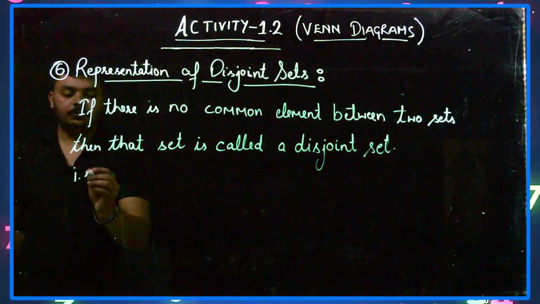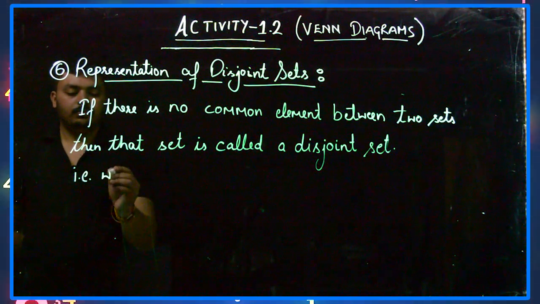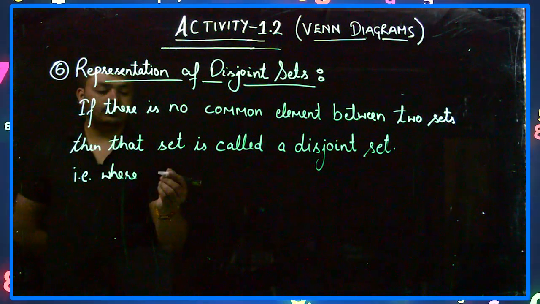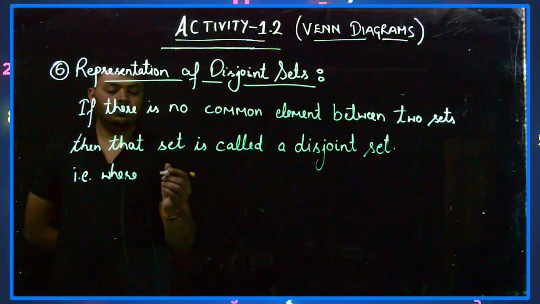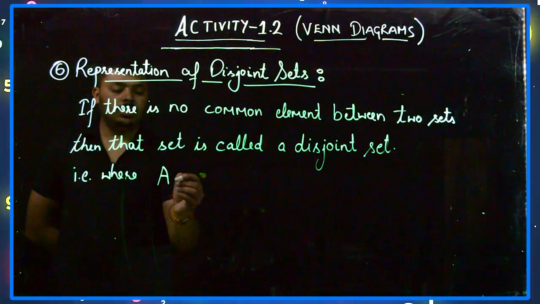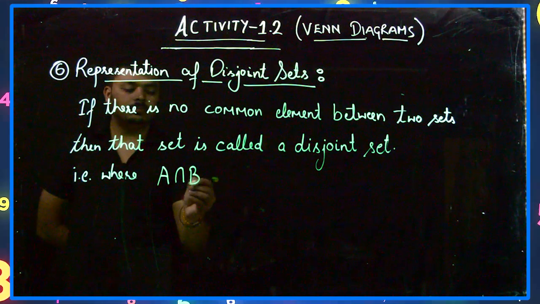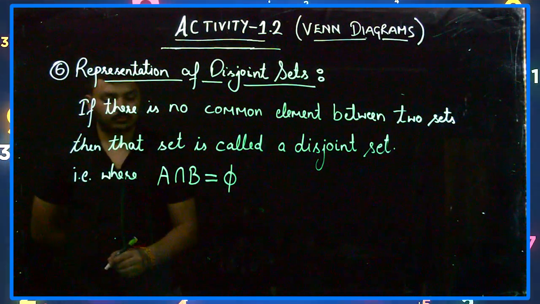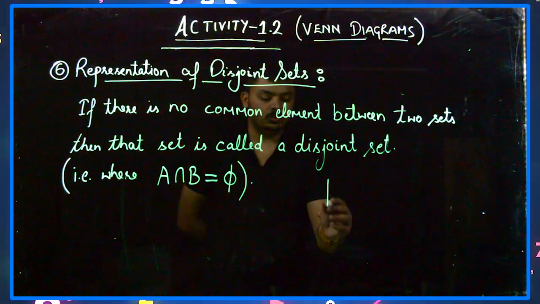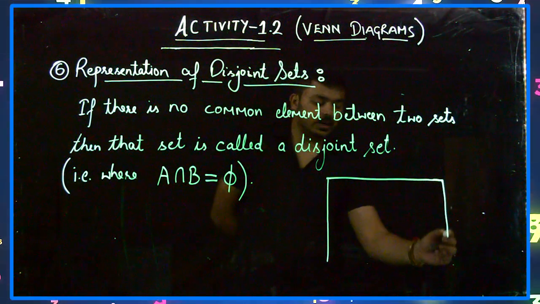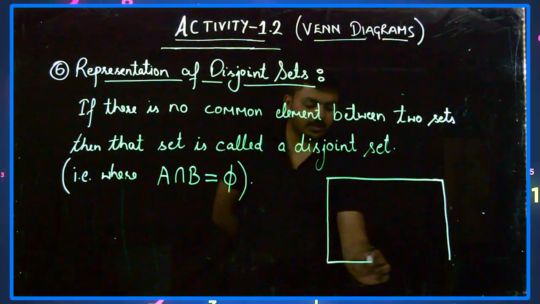That is where A intersection B is equal to empty set. So the two sets are said to be disjoint sets when they have no elements common between them.